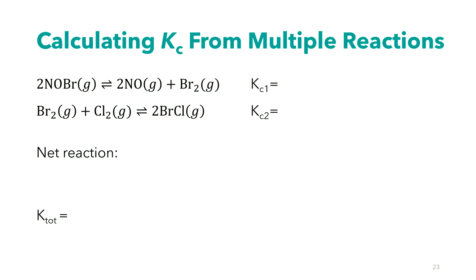Take, let's say, 2 minutes. Write out Kc1 and then Kc2. Write out the net reaction, and then write what the K total is for this new reaction. What is K for the new reaction? And then I want you to put that in terms of Kc1 and Kc2. So you're going to start here. Write these.